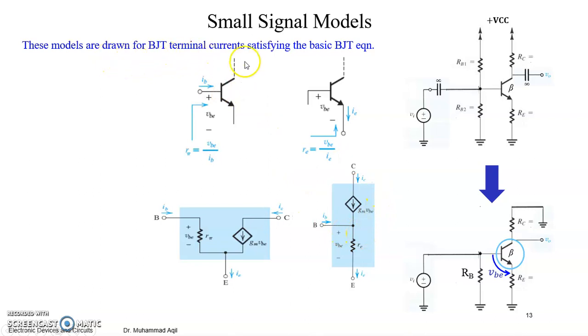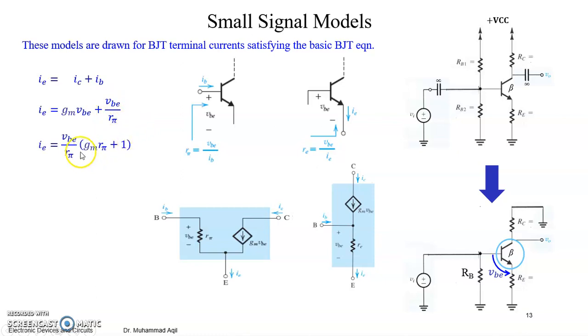So these models are drawn for BJT terminal currents satisfying the basic BJT equation I already explained to you, IE is equal to IC plus IB. For small signal models, IE is equal to GM VBE plus VBE by R pi, right? I can replace this small AC current with the relation we have derived, and IB with VBE by R pi, which we have already derived.